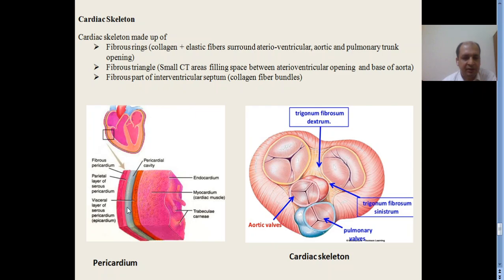The cavity that is present between the parietal and the visceral pericardium is called the pericardial cavity, and the fluid that is produced by this serous membrane, or this epicardium, is called pericardial fluid.